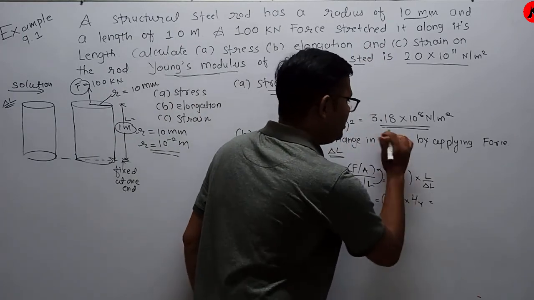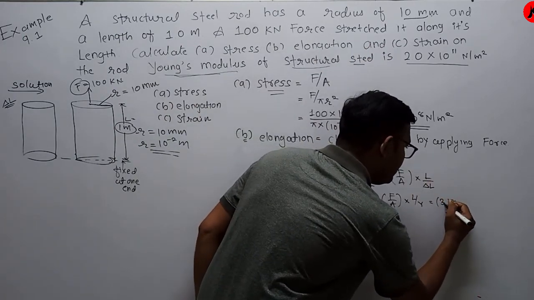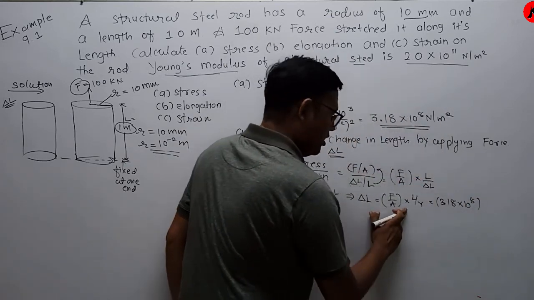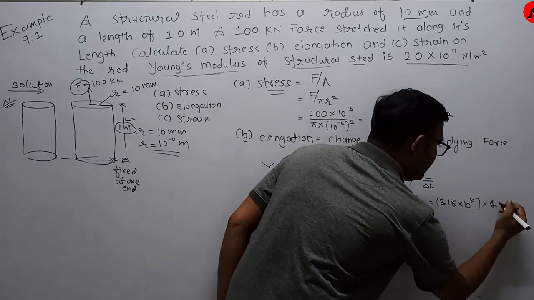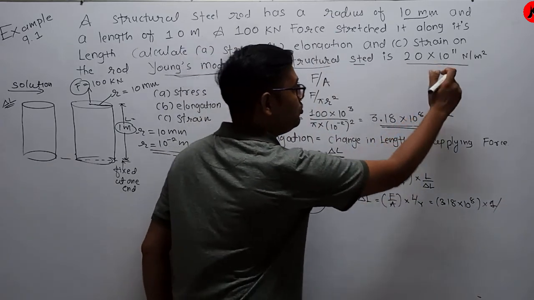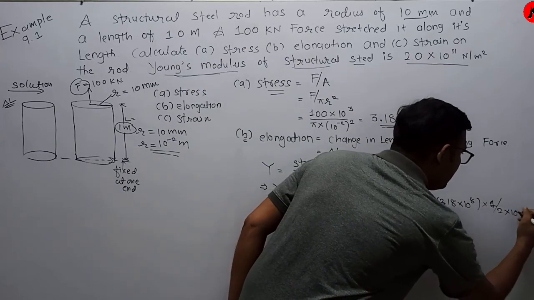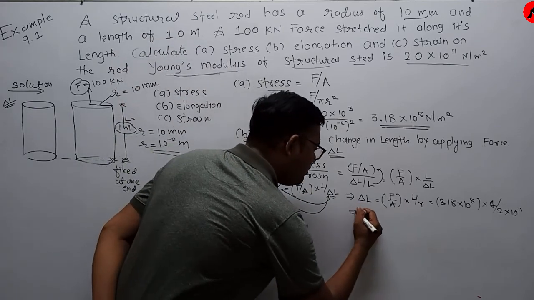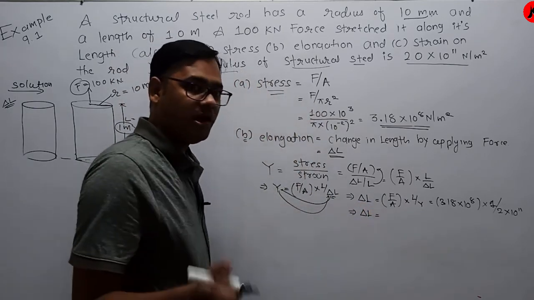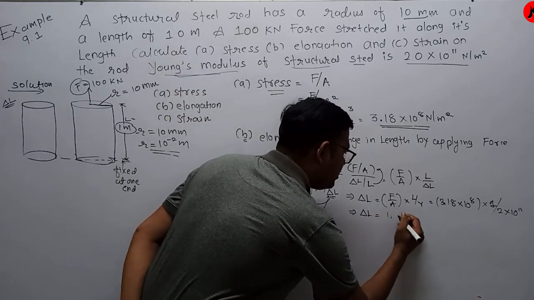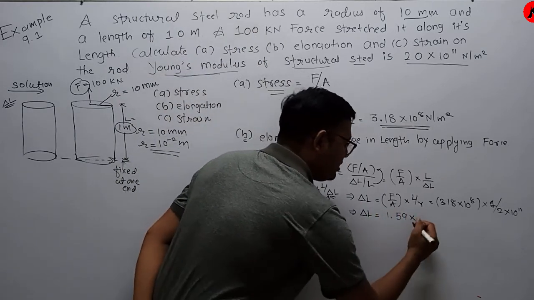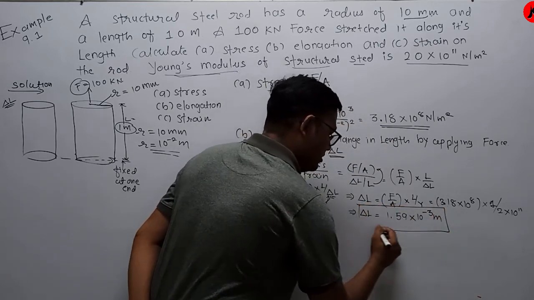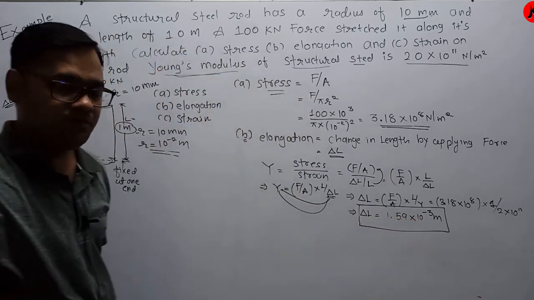F by A is 3.18 into 10 raised to 8 into length 1 divided by Young's modulus Y, 2 into 10 raised to 11. After solving we get the value of delta L, meaning the elongation, which is 1.59 into 10 raised to minus 3 meter.